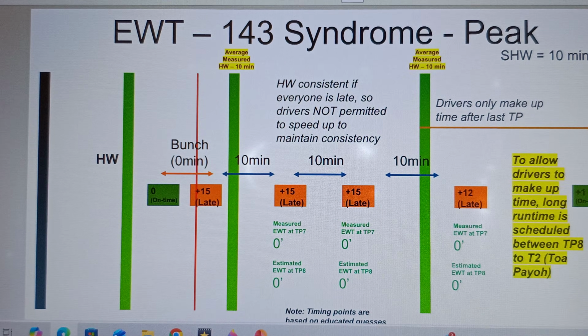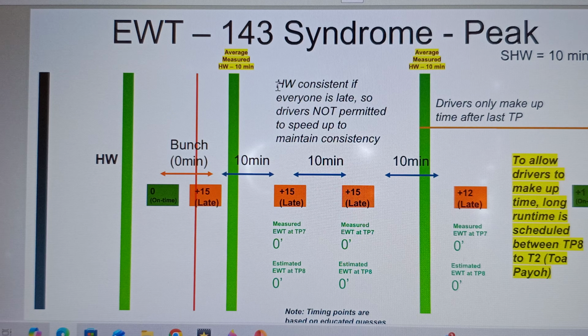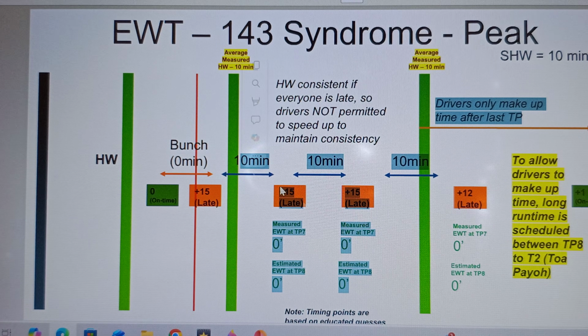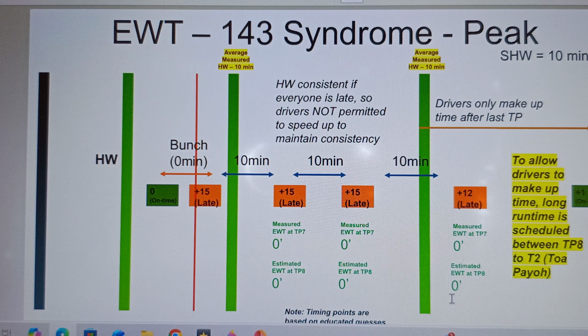143 syndrome. This pretty much speaks for itself. So again, with the previous concepts discussed, average measured headway 10 minutes, the headway is consistent if everybody is late. So drivers are not permitted to speed up so that you maintain a consistent gap, like as you see 0, 0, 0, 0, 0.